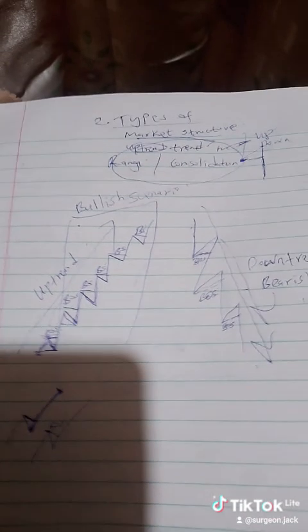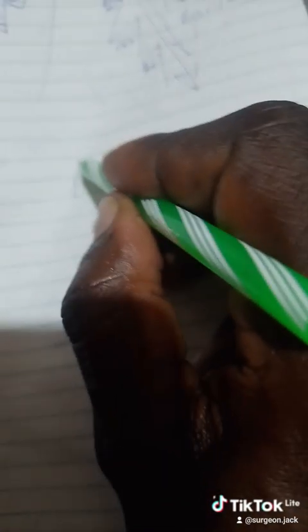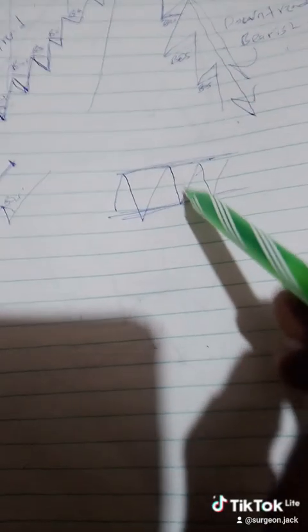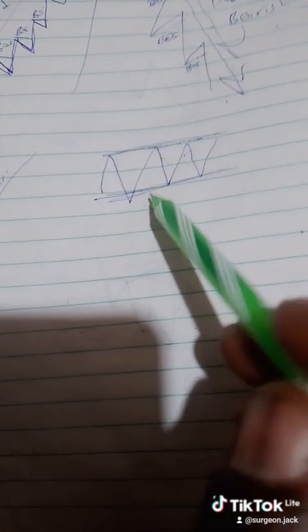Then consolidation or range market, it looks like the market is moving like this. So this is a channel. The market is moving in this channel, in between these levels. So this is a consolidation market.